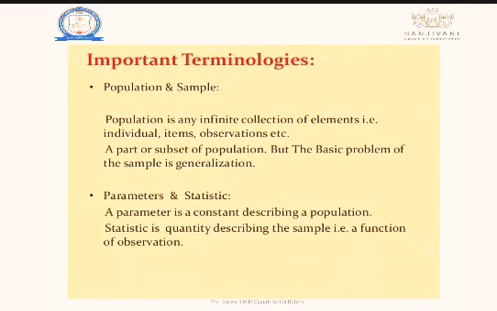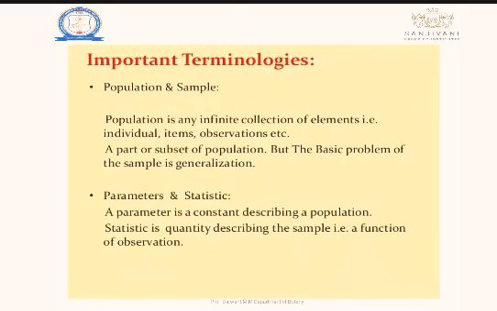Next concept: parameter and statistics. From the first lecture I have explained some concepts in statistics. They are very important. If you understand these concepts and terminology, then you can understand other problems based on them. What is a parameter? A parameter is a constant describing the population.